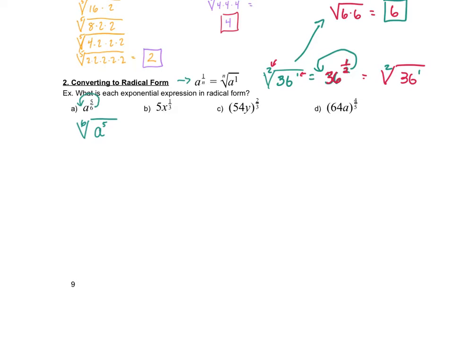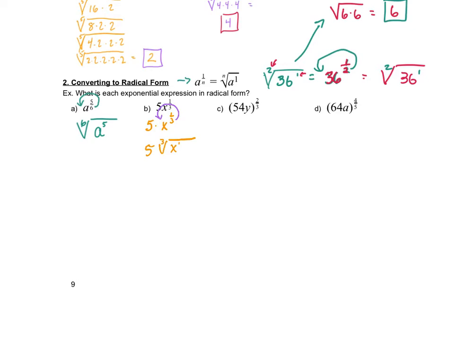So if we rewrite it, we have 5 times x to the 1/3. So we have 5 times the radical, bringing the 3 around to the index, the cube root of x to the 1st.